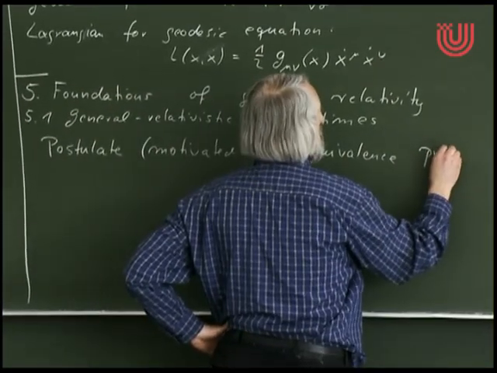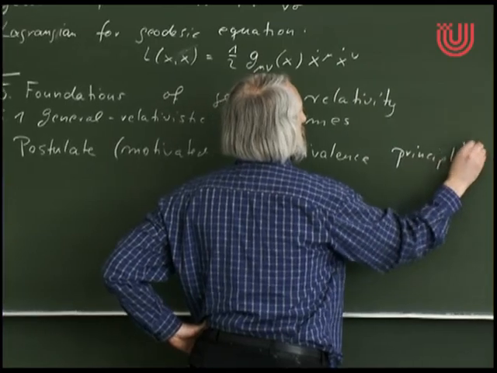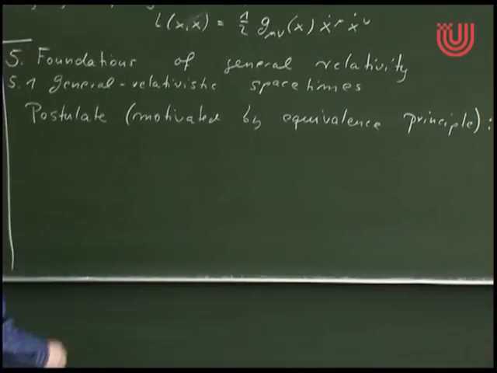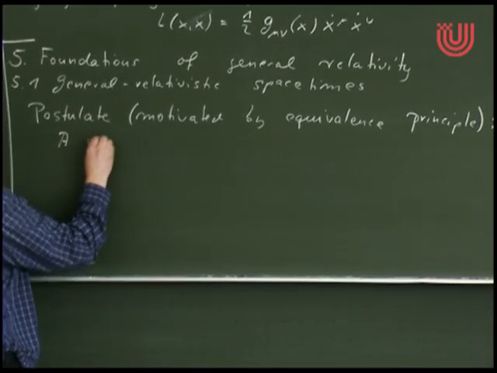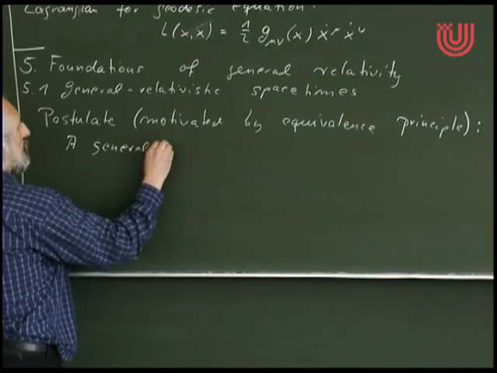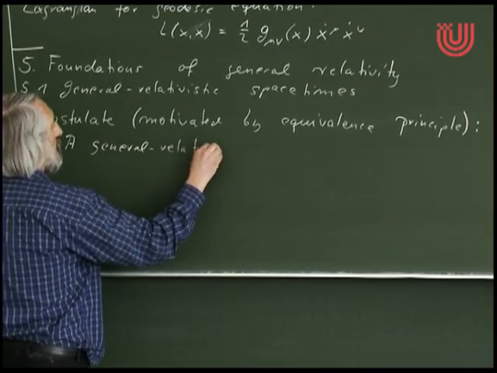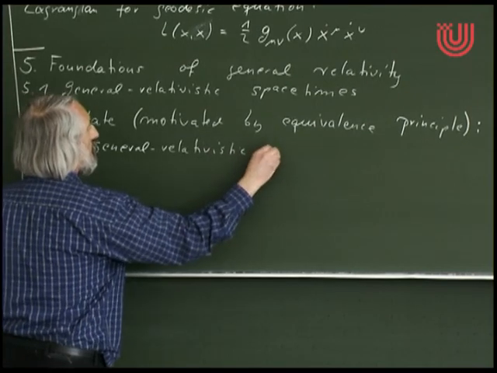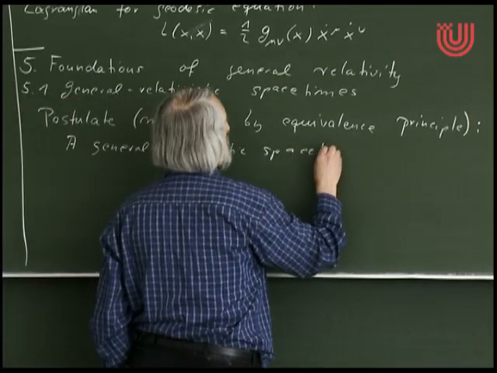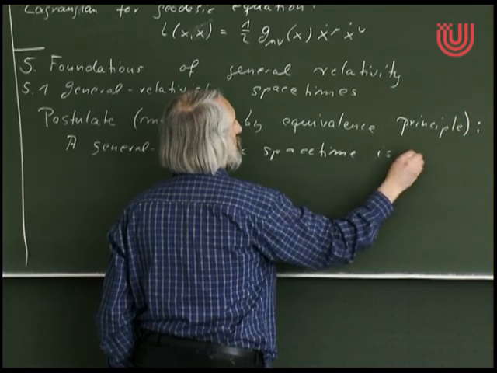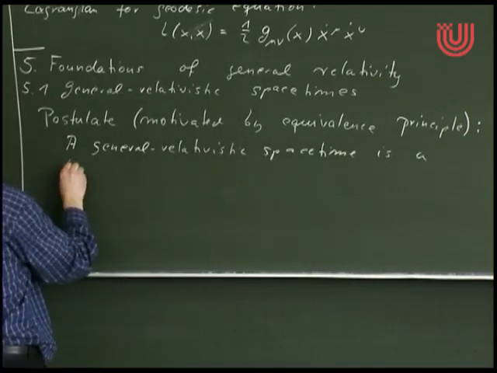A general relativistic spacetime is a 4-dimensional manifold.